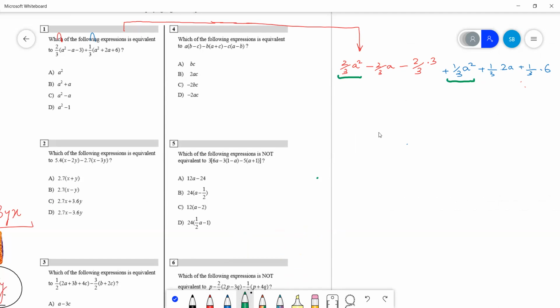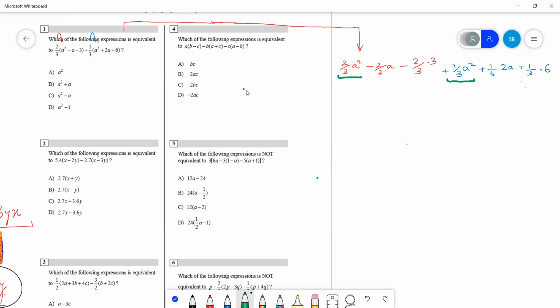2/3 plus 1/3. Wouldn't that be 1a to the second power? Yes, 1a to the second power.